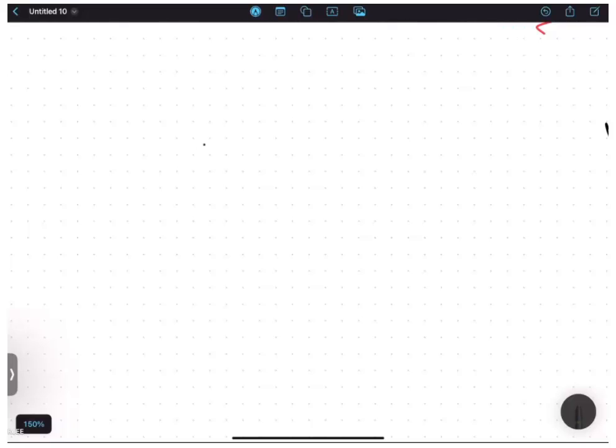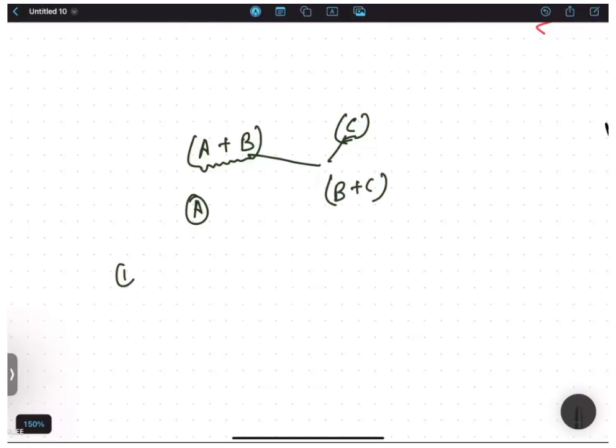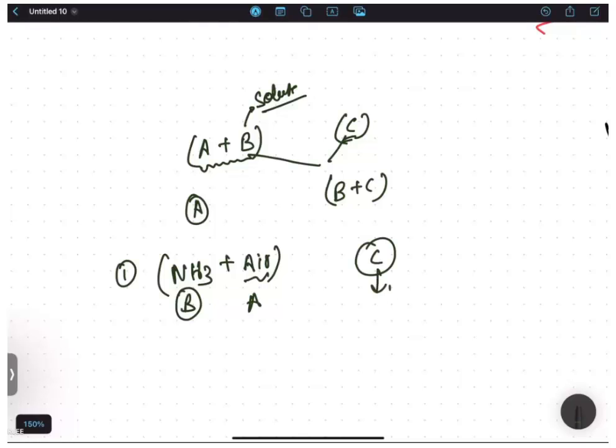In most cases, you have a mixture of A plus B, and you allow a third component C, such that this C will take away B and we will get A. Initially you have a mixture of A plus B, you add a third component C, which has no involvement with A, it just takes away B and we get B plus C. For example, NH3 plus air: NH3 is B, the solute, and air is your component A. You add C, which in this case was H2O.